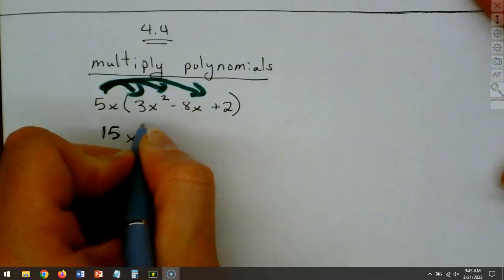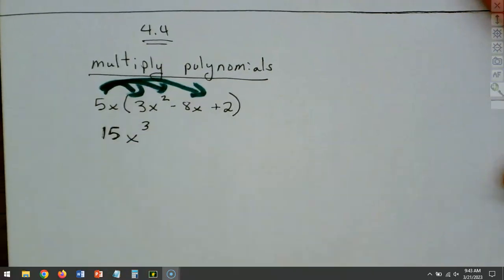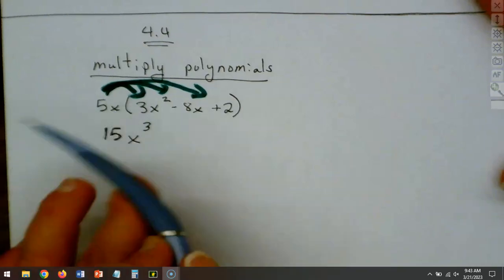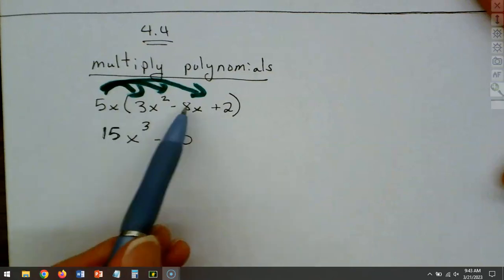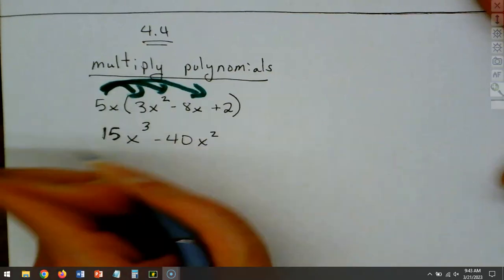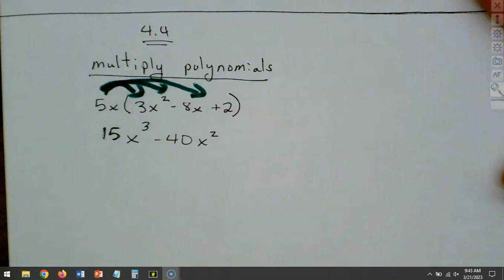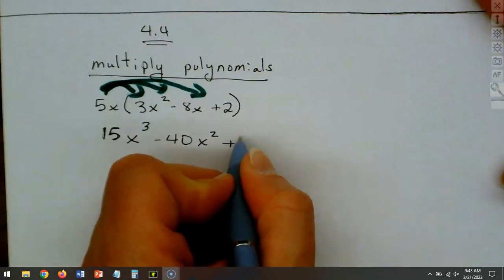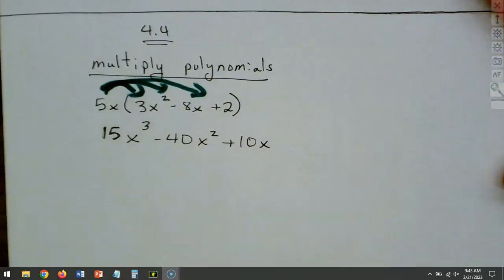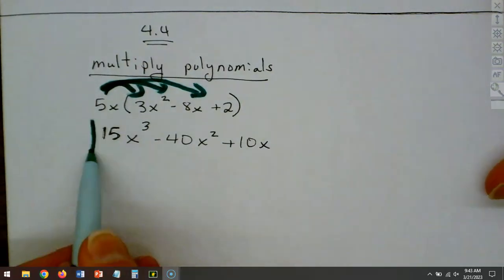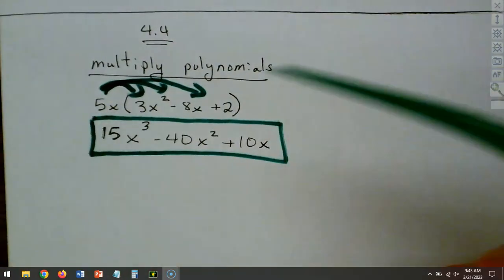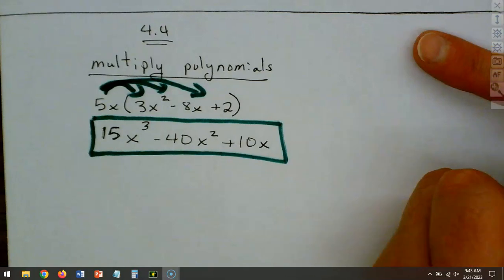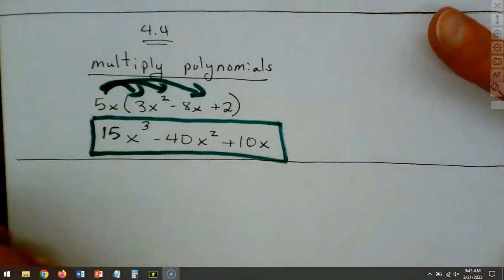That makes it 15x cubed there. Then we have 5 times a negative 8. That's a negative 40. And x times x, well, that makes it x squared. And 5 times 2, well, that makes it a 10. And don't forget to bring your x with it. So that's how you distribute. Let's do another one, and then we'll talk about the FOIL method.